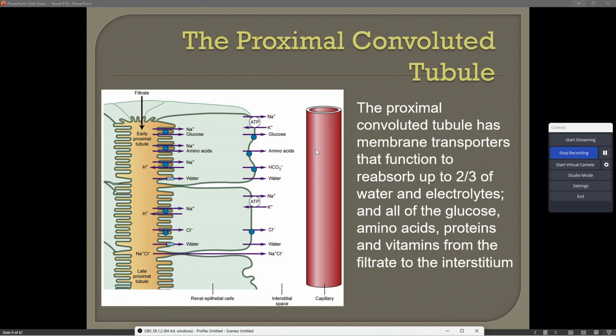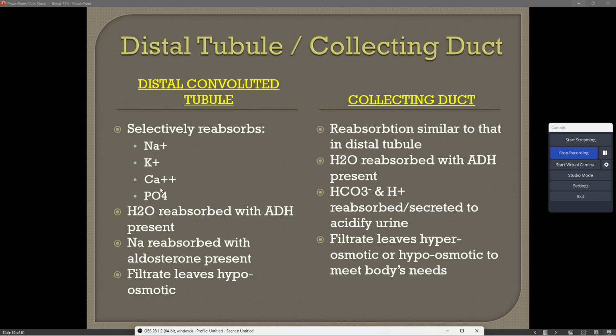We're trying to get potassium and hydrogen into the tubule. We're trying to get water out of the tubule, and we're trying to keep those things. We're trying to excrete the waste that is hydrogen, some chloride, and some sodium that is excess. The proximal tubule is responsible for up to 2/3 of water and electrolyte reabsorption. Additionally, it's responsible for filtering glucose, amino acids, proteins, and vitamins from the filtrate into the interstitium over here. So keep that in mind.